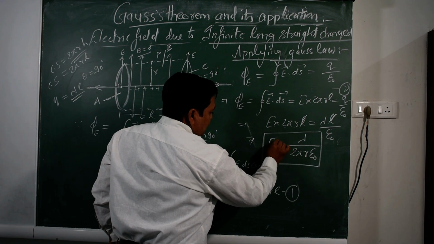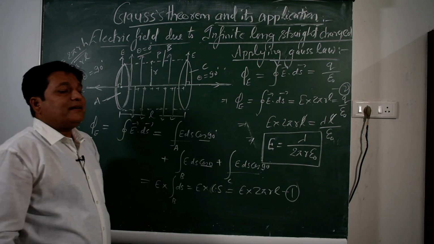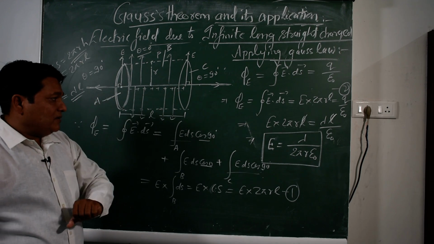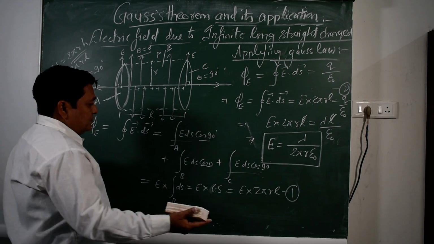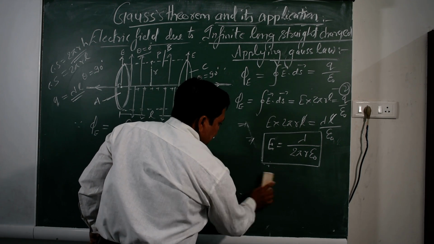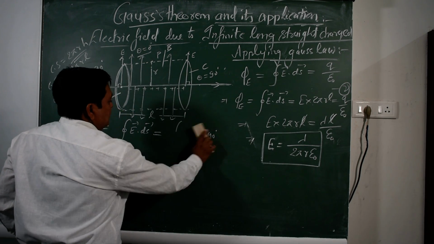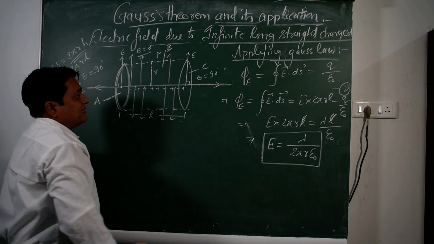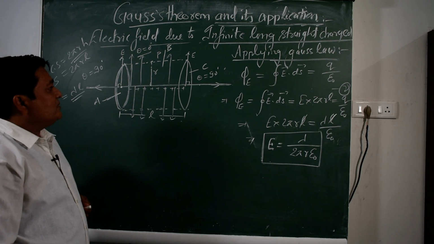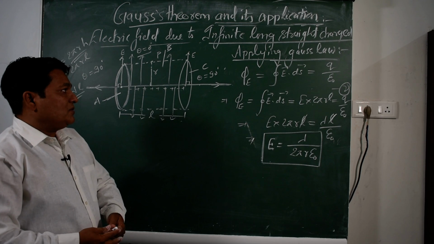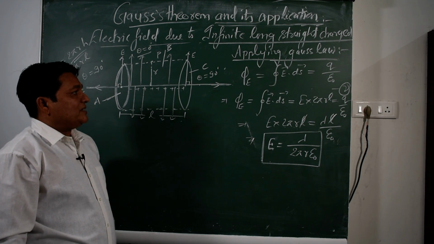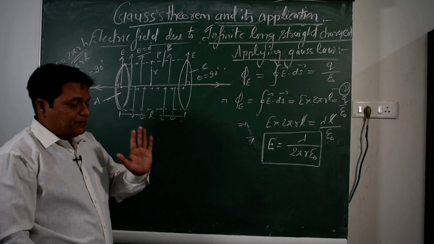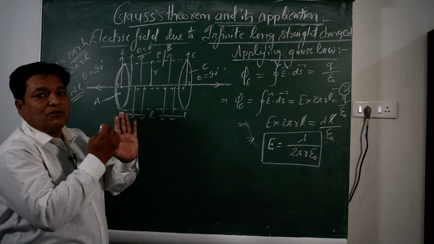In this way we can determine the electric field by using the Gauss theorem or Gauss law. We can determine the value of electric field for a point charge also, for a surface charge distribution also, for a volume charge distribution like a spherical shell, and for a plane sheet if the charge is distributed over a plane sheet.